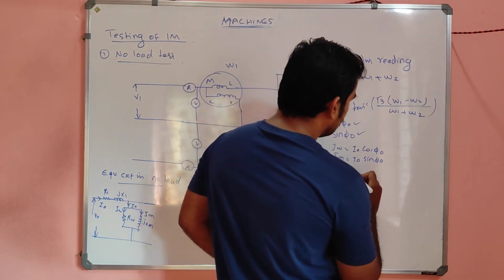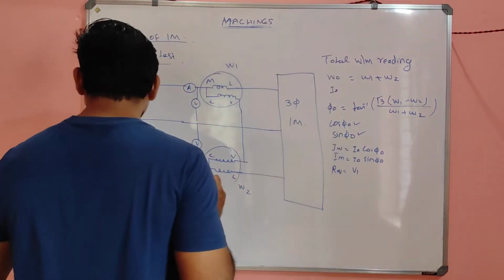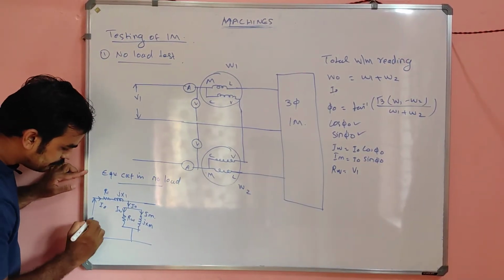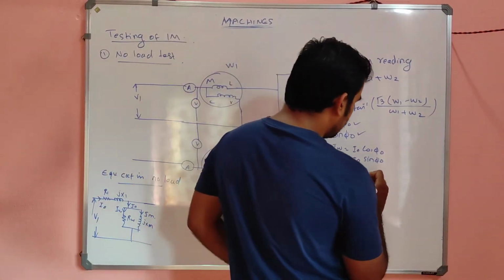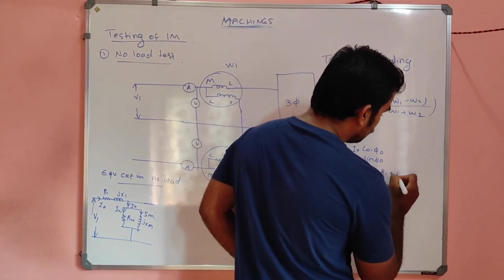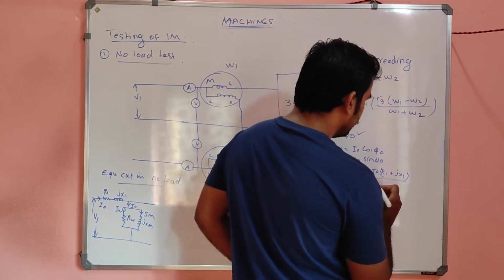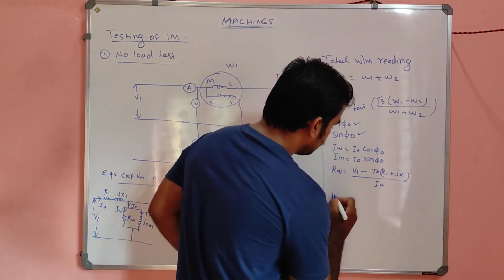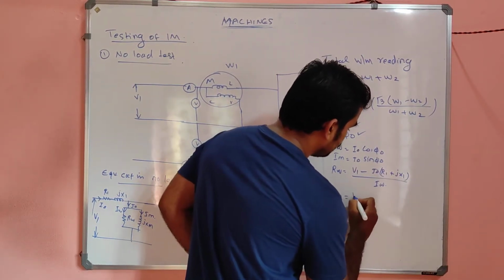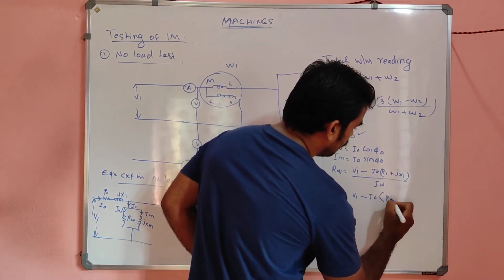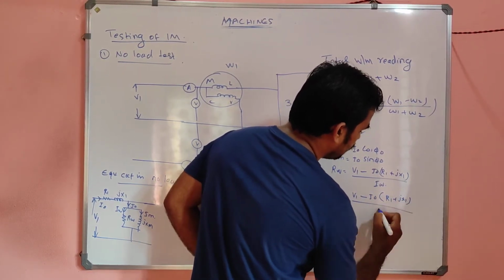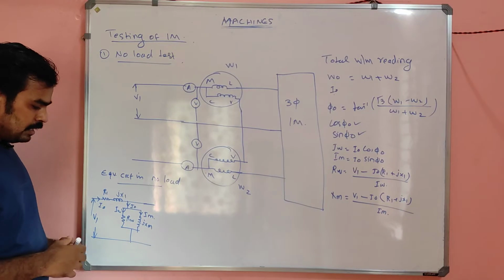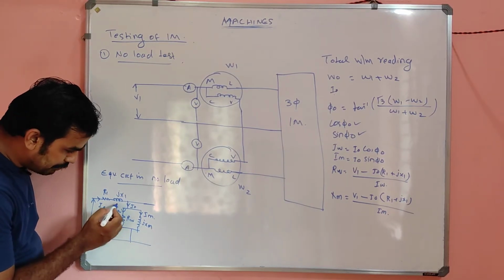RW will be equal to, let it be V1, so I can say V1 minus I0 into (R1 plus jX1), whole divided by I omega, as R equals V by I. And Xm will be equal to V1 minus I0 into (R1 plus jX1), whole divided by IM.